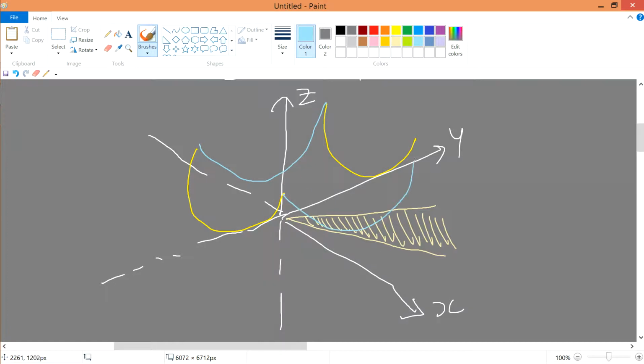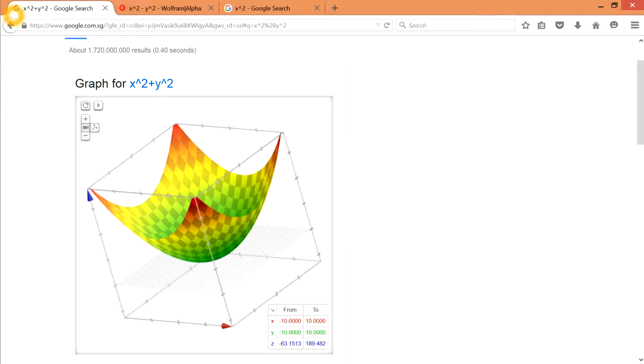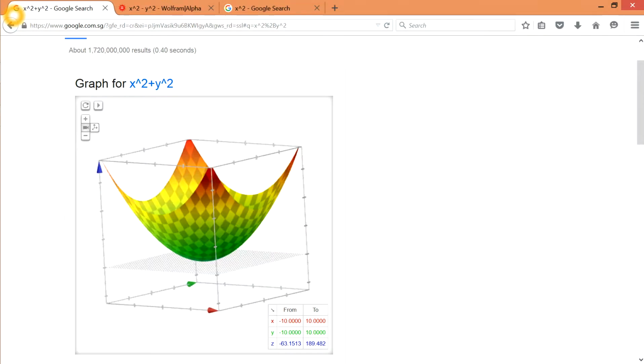So this is the y one. You can see that there is some plane going on, and the rest is just some bowl-shaped thing. If you can't visualize, this is what I'm talking about. This is the shape.